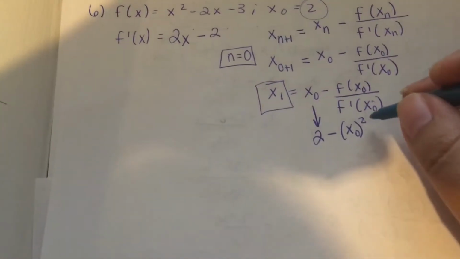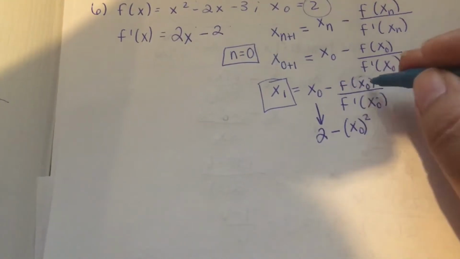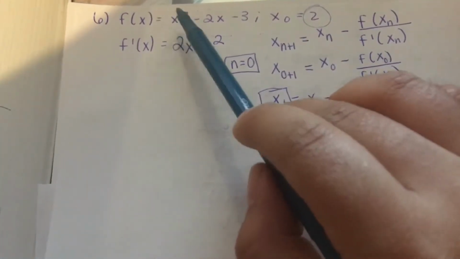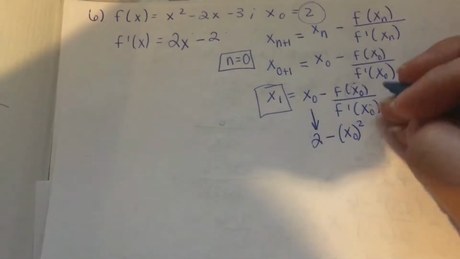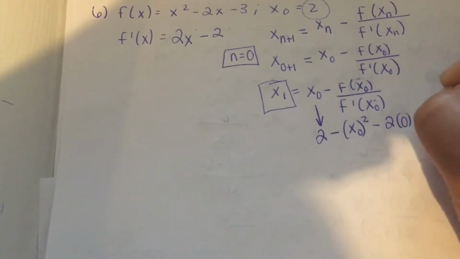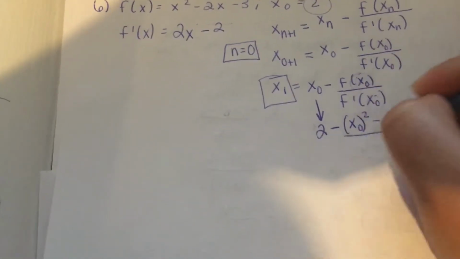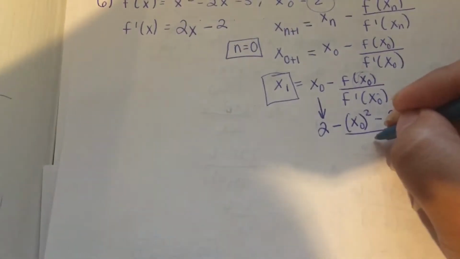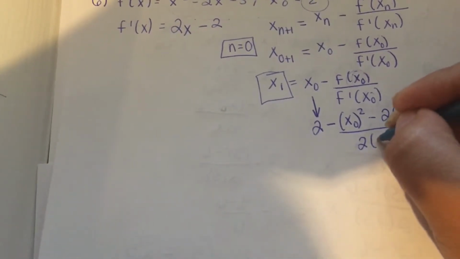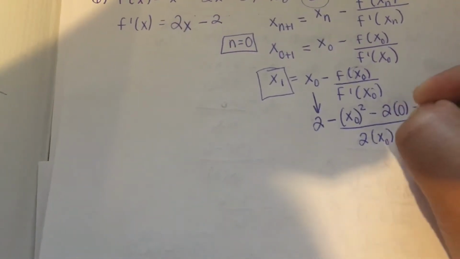Okay, so for this one, wherever you see x in this equation, you're just going to put a sub 0 there. I will tell you why in a bit. Plus 2 sub 0 minus 3. Awesome. Over 2 x sub 0 plus 2.